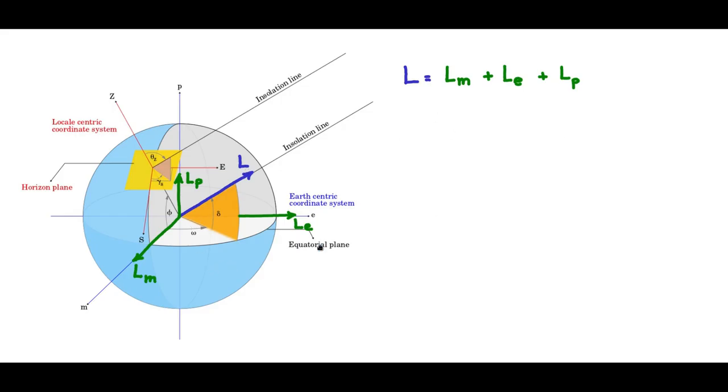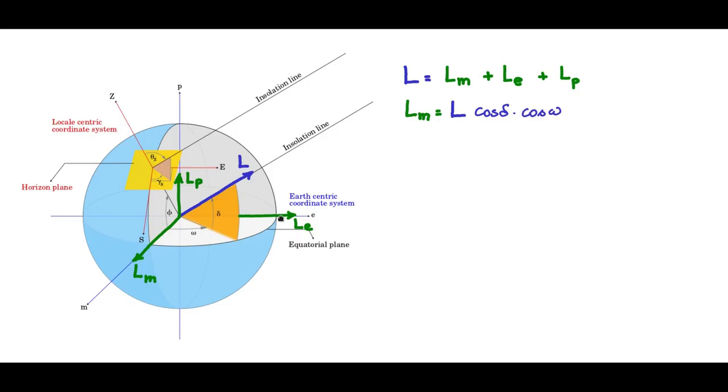Now from this coordinate system we can easily deduce that Lm equals L cos of this angle delta and cos omega would be along Lm. So clearly you can write it as L cos delta cos omega.